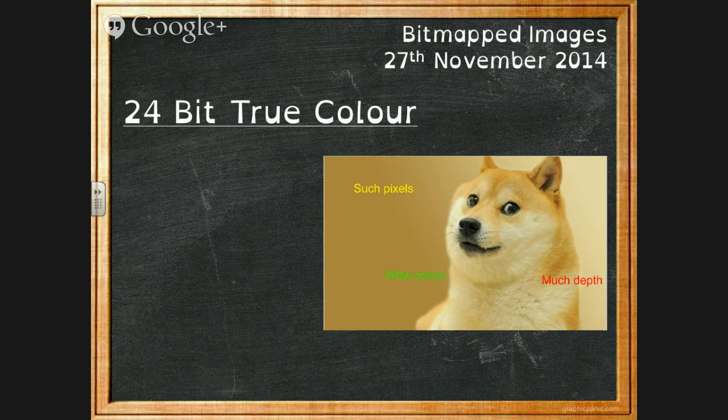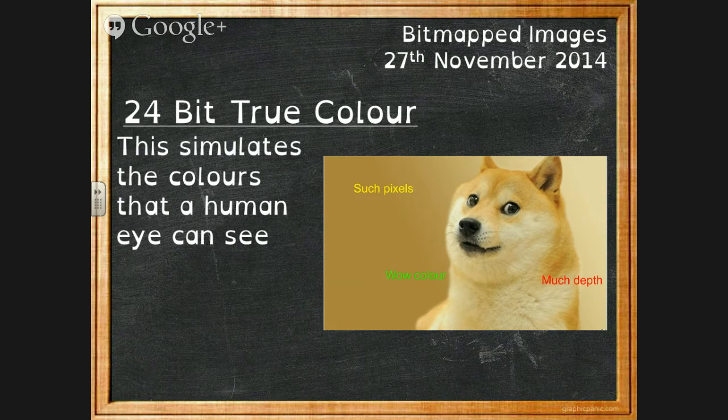24-bit true colour tries to represent everything that you can see. So if you, as a human, look at an image, the idea of 24-bit true colour is it represents all of the colours that you as a human can see within your colour spectrum. It should be the best image that you can look at.